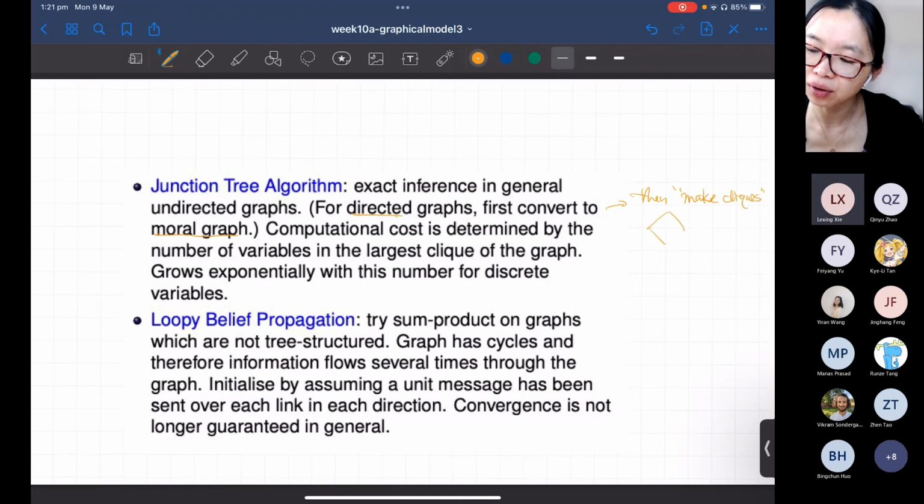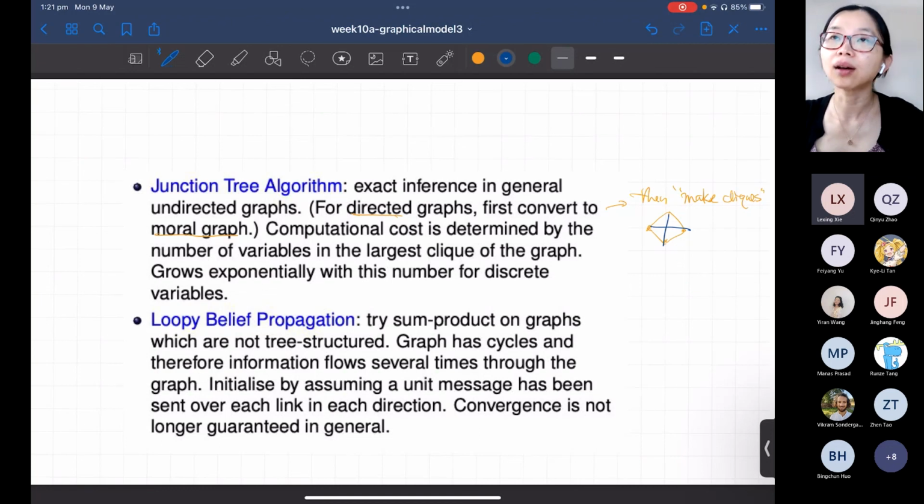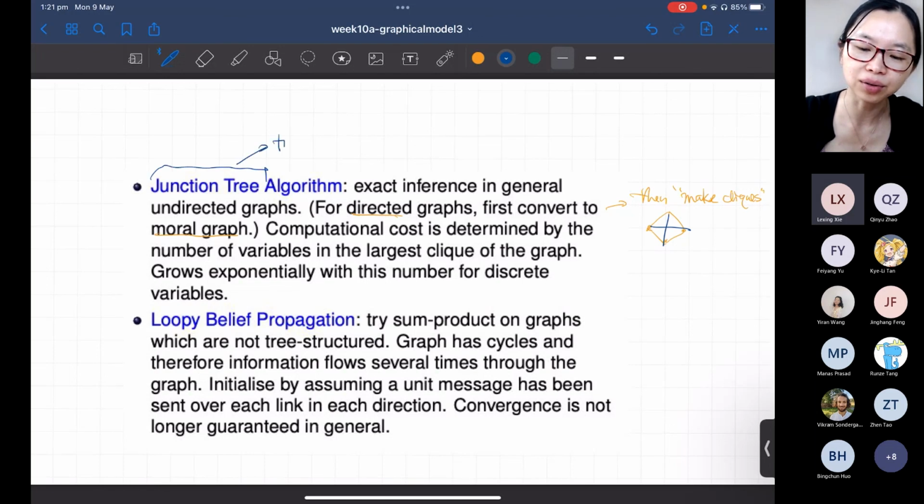When there's a 4-node cycle, we essentially make cliques by making new edges. Then we can convert the resulting undirected graph into a tree of cliques. It's called a junction tree because it's a tree of cliques.